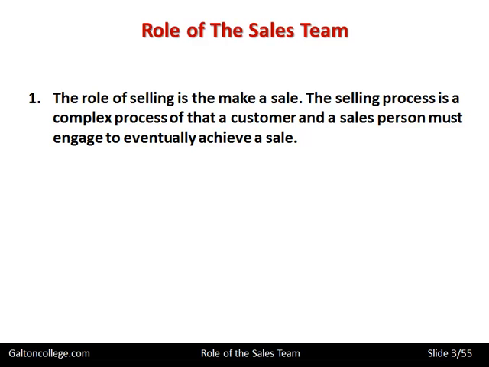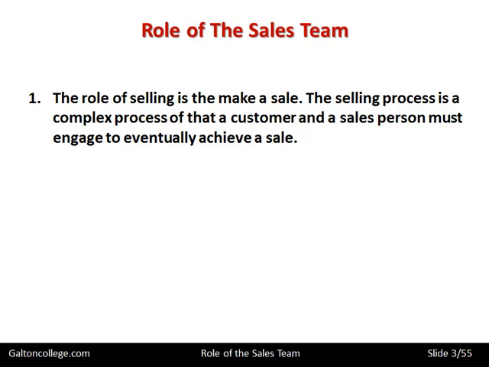Now, the selling process is complex. It's not as straightforward, and it varies from customer to customer and from product to product, and indeed from location to location. And the customer and the salesperson must engage. They must engage each other. They must make contact in order for a sale to take place.